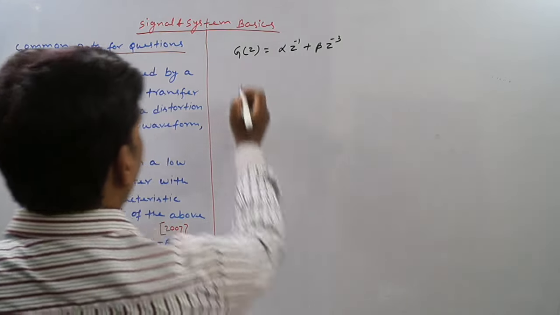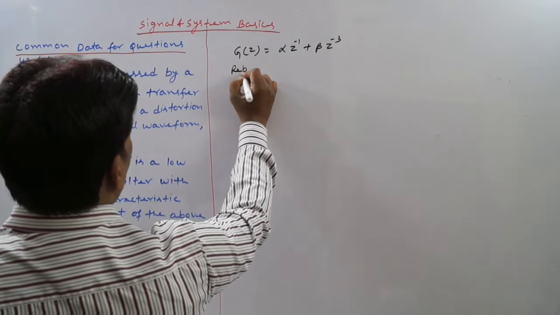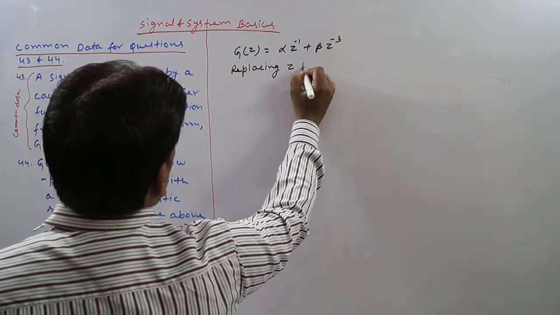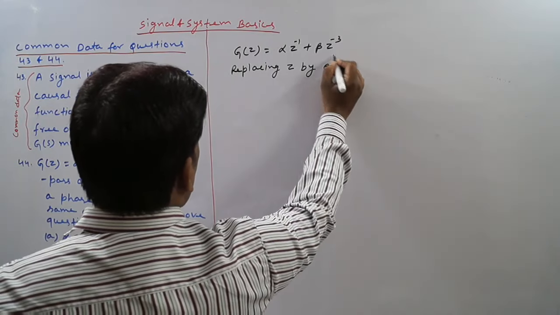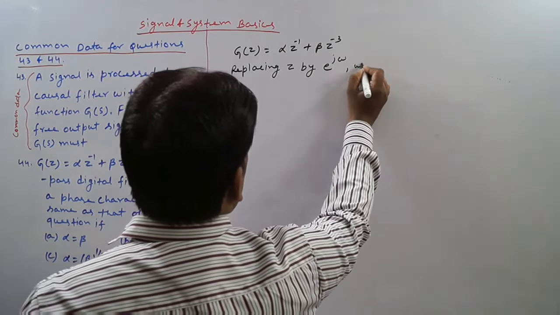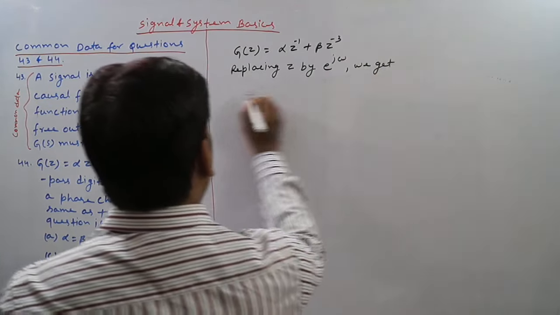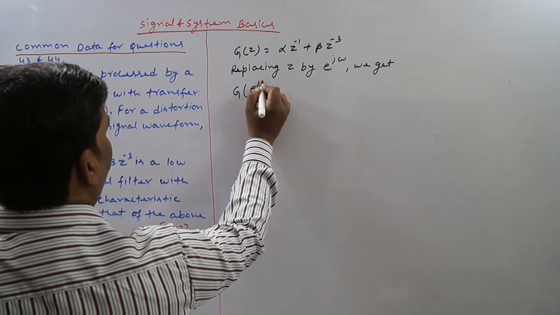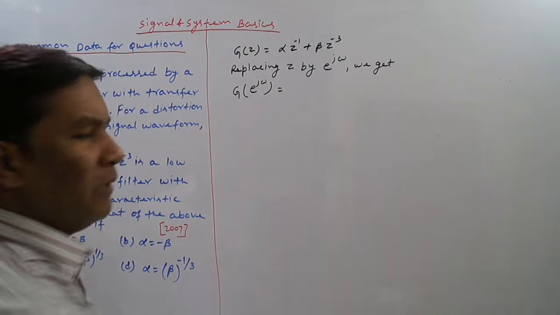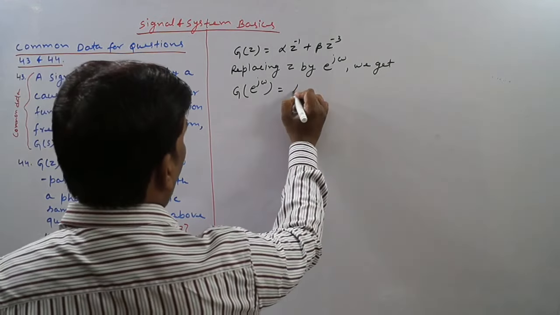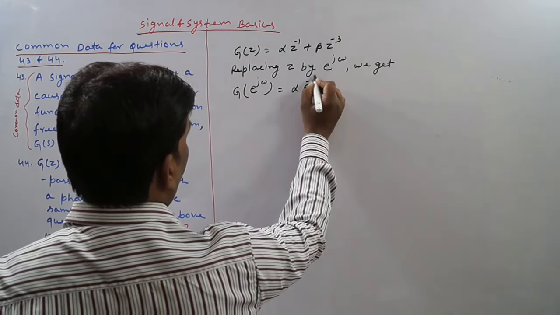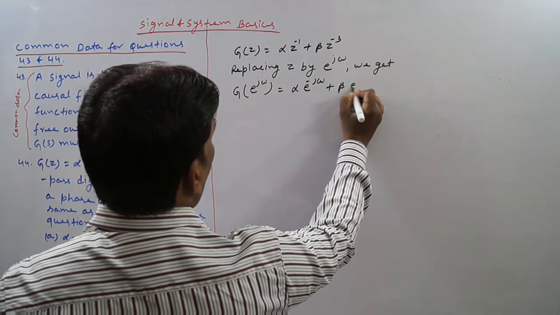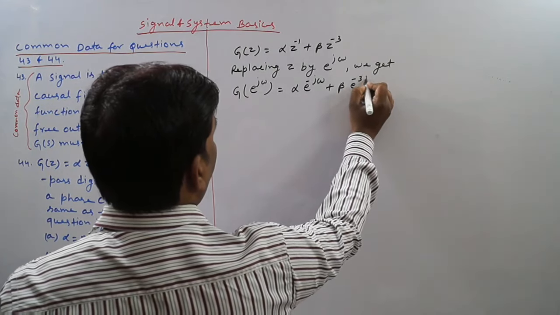We get G(e to the power j omega), which will be alpha e to the power minus j omega plus beta e to the power minus 3 j omega.